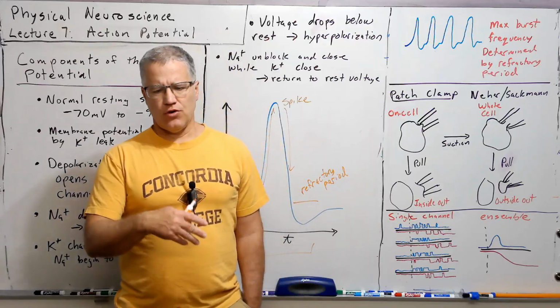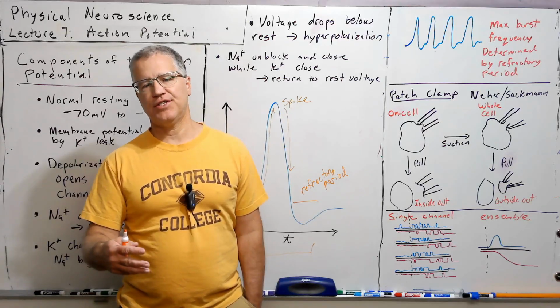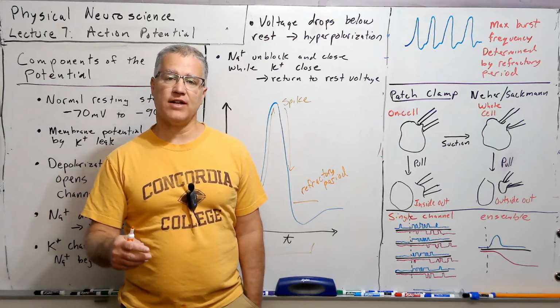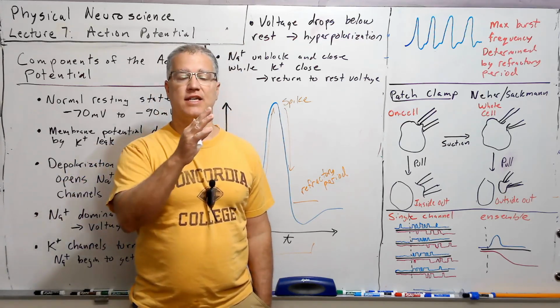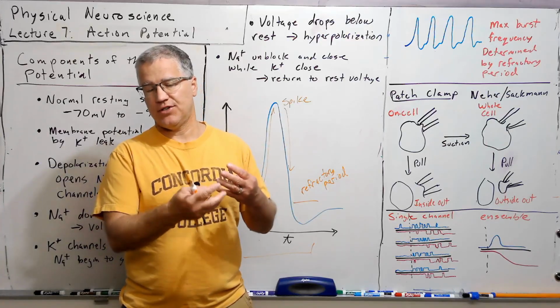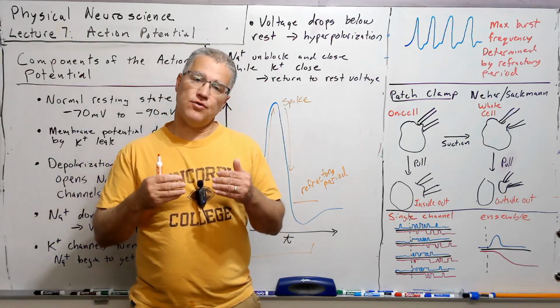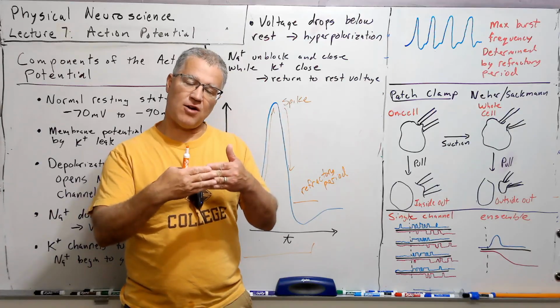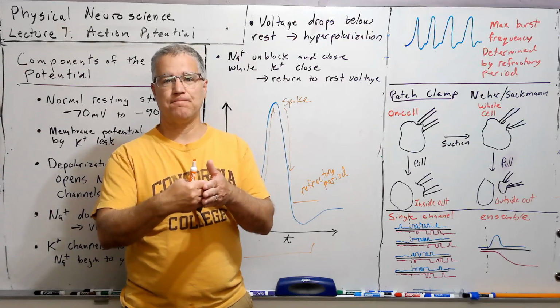Now there's an early part of that refractory period, which is the absolute refractory period. This is the situation where the sodium channels are still blocked. So if we were to depolarize again, they would open, but they're still blocked. So we wouldn't get a spike. So you can't get arbitrarily close after a spike to another spike.